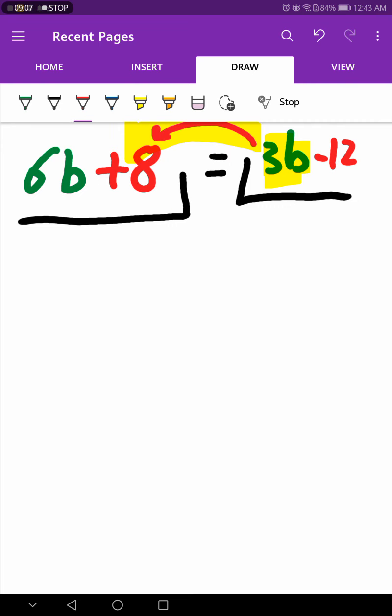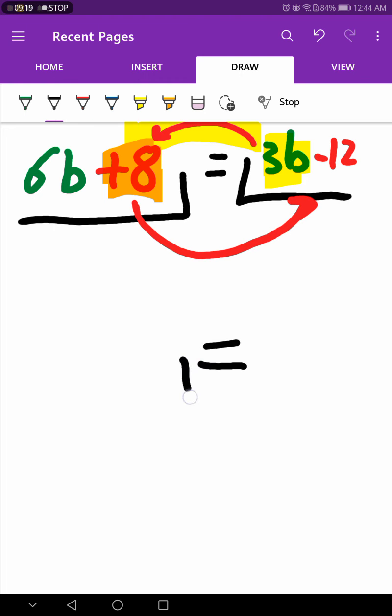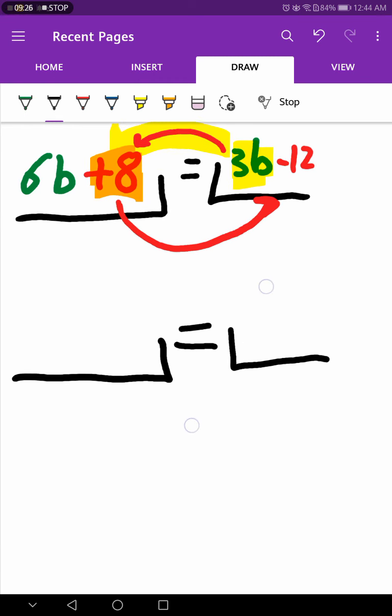To here. And this guy, I will move it from here to here. So what happened in the left side, or what the left side become and what the right side become?